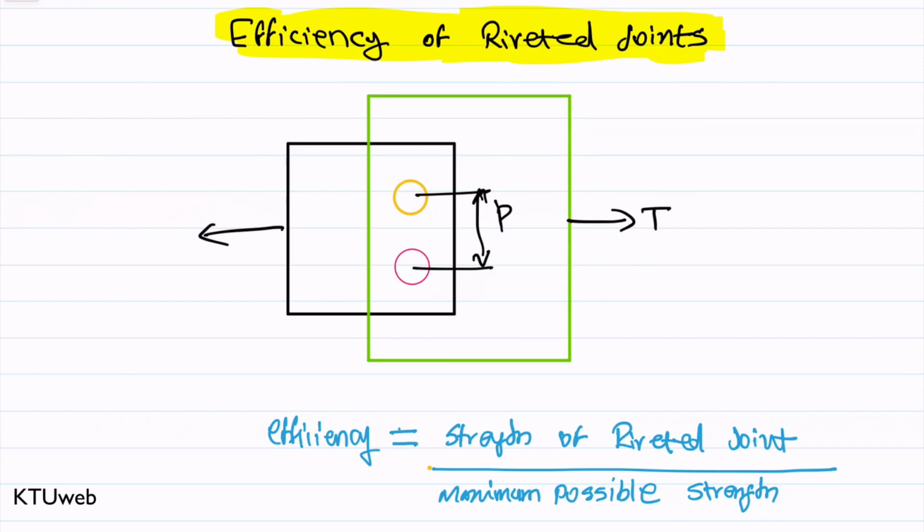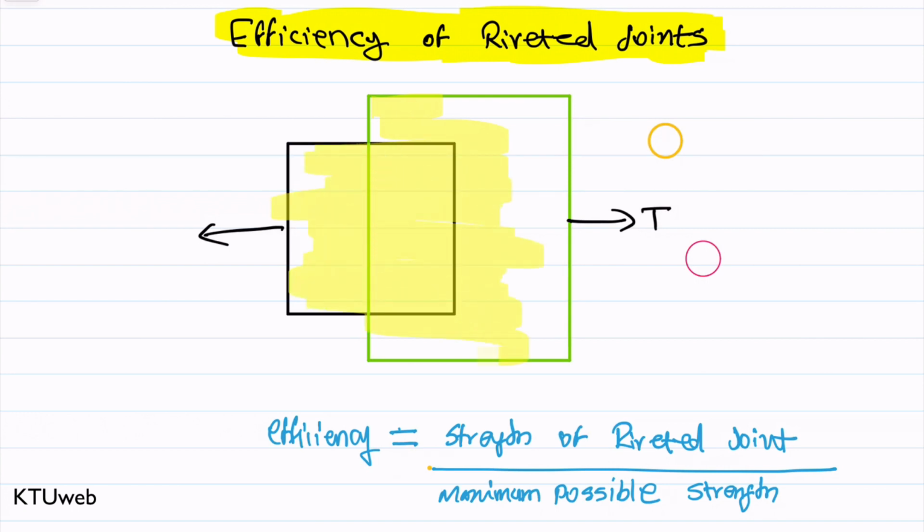Suppose we remove these two rivets from this joint and assume this as a single unit. So instead of riveting these things together, we believe that this is a single piece of solid plate. Suppose it's a single plate with a homogeneous material, it can give the maximum possible strength.